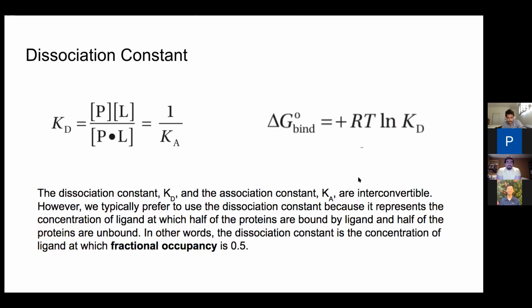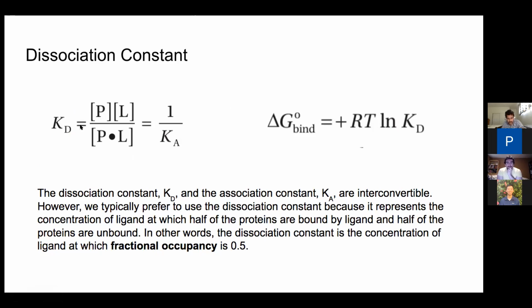So in the textbook, you see both KD and KA. Why is it that later on in the textbook we tend to use KD? The reason we use KD instead of the association constant is not because they're fundamentally different; they're interconvertible. If you have Ka, I can give you KD. If you have KD, I can easily give you Ka. They're just inverses of each other.